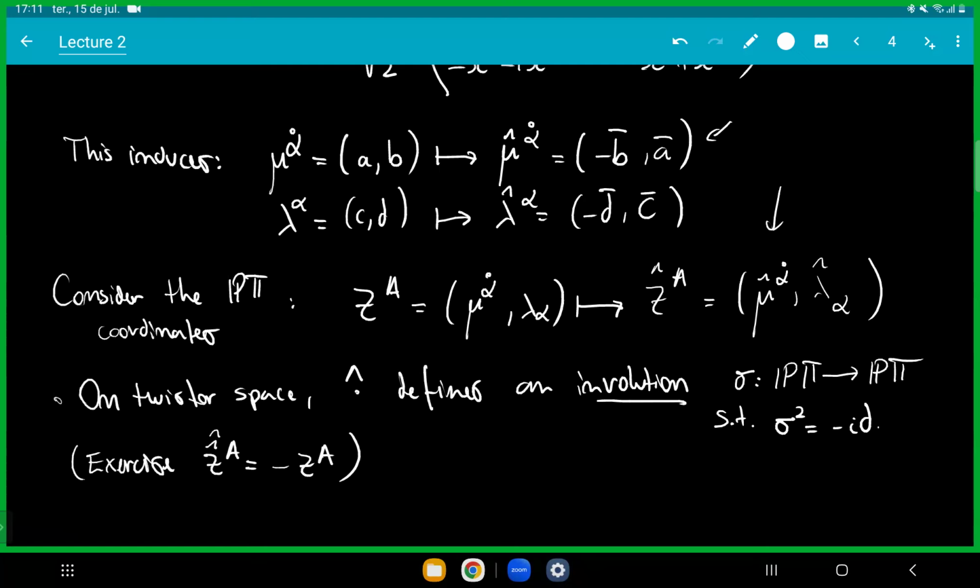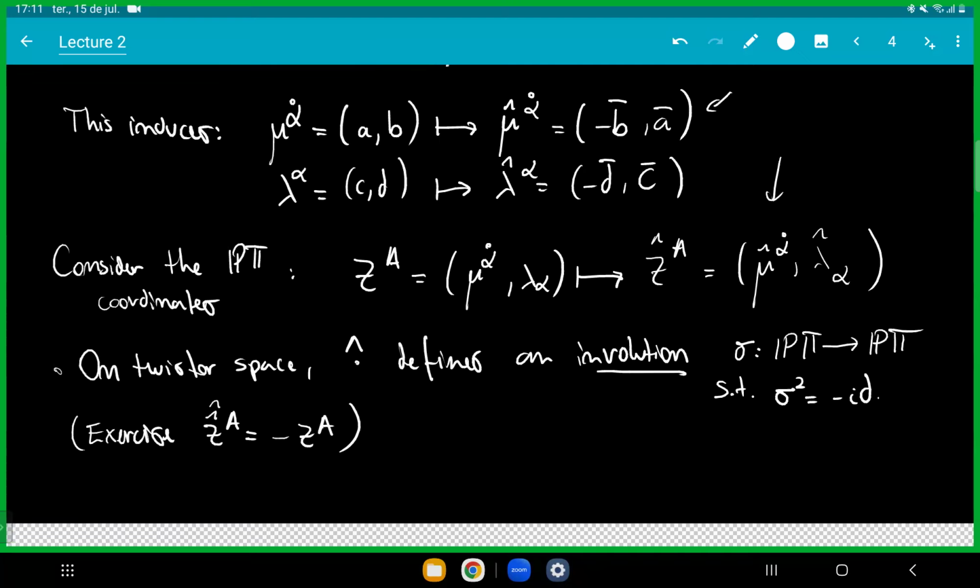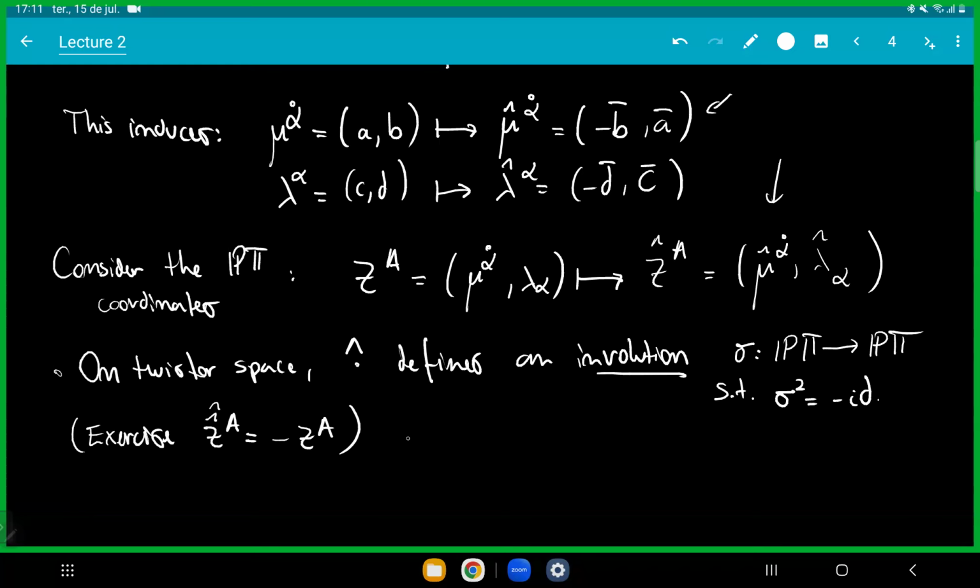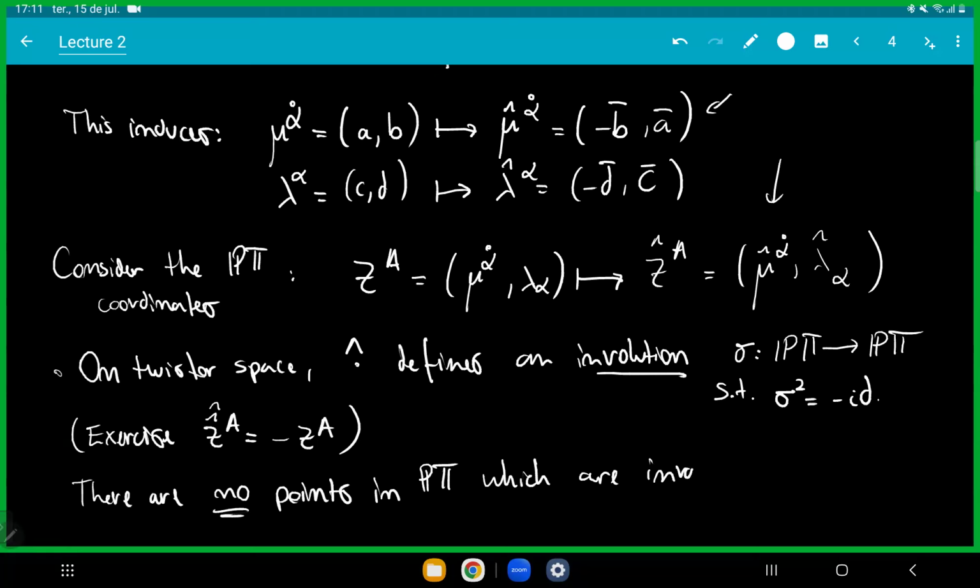And it turns out that, because of this, this means that there are no points in PT which are invariant under sigma, because this thing is an involution.